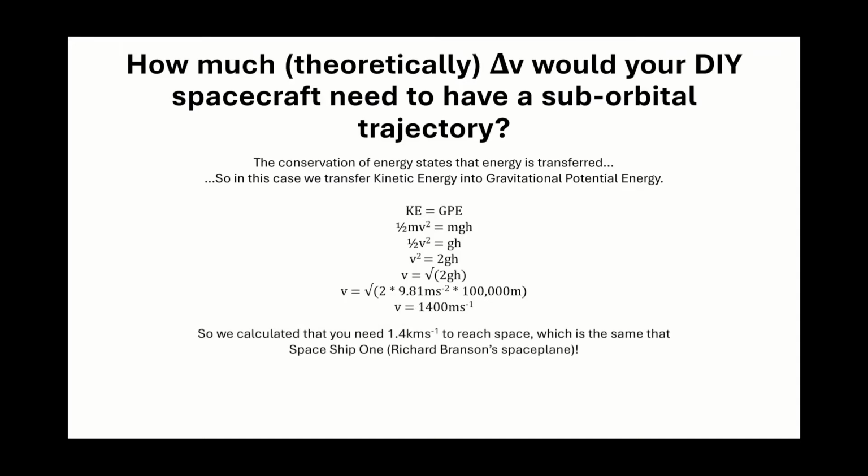So we calculated that we need 1.4 kilometers per second to reach space. And this is sort of accurate, as it's the same amount of delta v SpaceShipOne, which is Richard Branson's first space plane, had. Of course, in real life, it would be more because we omitted any losses.